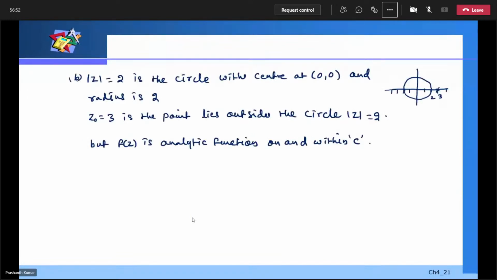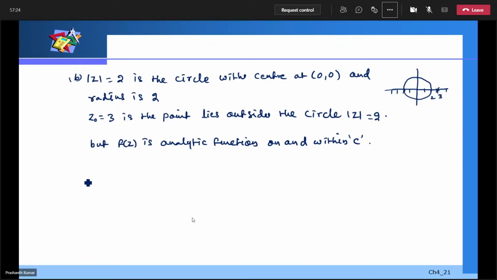Here the function is analytic, but mod z equal to 2 is the circle with center 0, 0 and radius 2, and our point z0 equal to 3 lies outside the circle. So there is no such z0 inside C. Therefore the integration of the given function is 0.